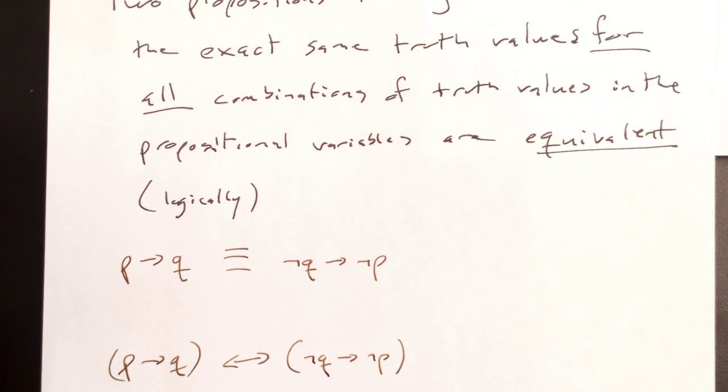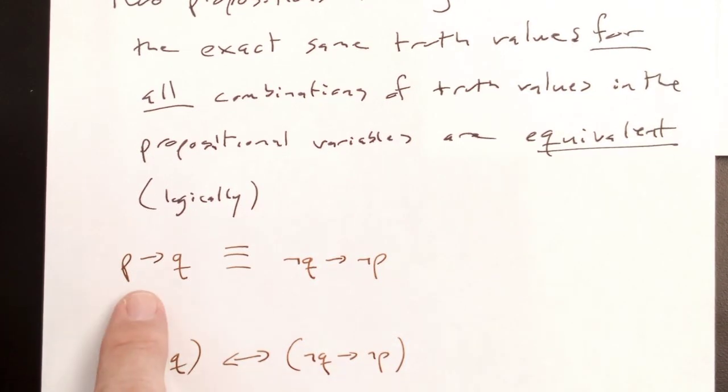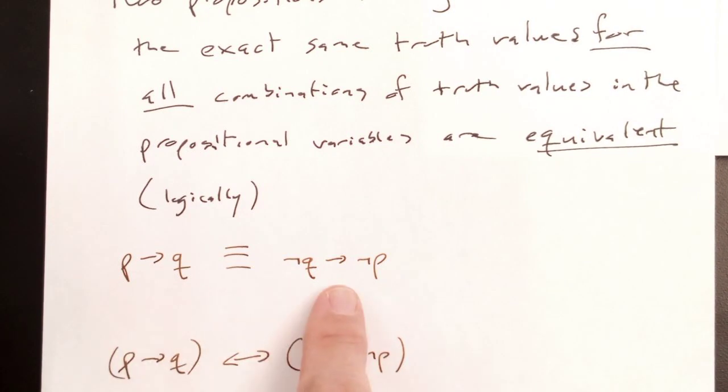All I did was I took the two things that I think should be equivalent and I made them into a biconditional, as an only if statement. What we said earlier was that the true or false of this should match the true or false of this.